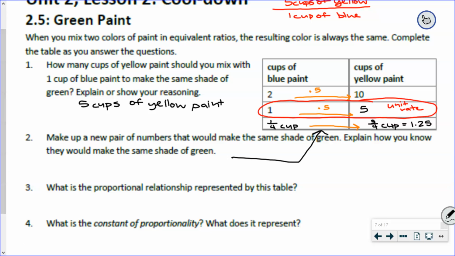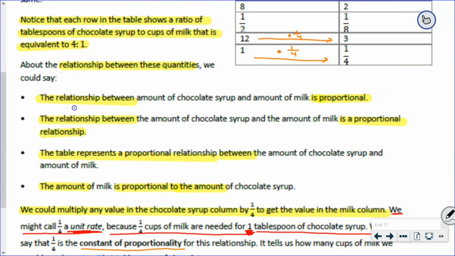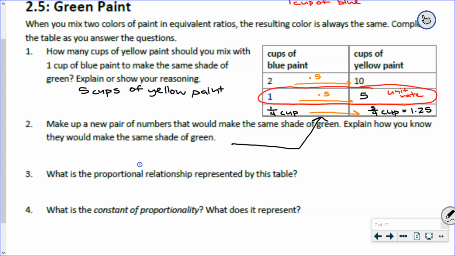For this question here, you can answer in a couple different ways, just like we answered it here on our summary. We can say the relationship between the amount of yellow paint and the amount of blue paint is proportional. The amount of yellow paint is proportional to the amount of blue paint. This table represents a proportional relationship between the amount of yellow paint and the amount of blue paint. So you can write this in a couple different ways. Here's the key thing that I want to get across. The blue paint is proportional to the yellow paint.